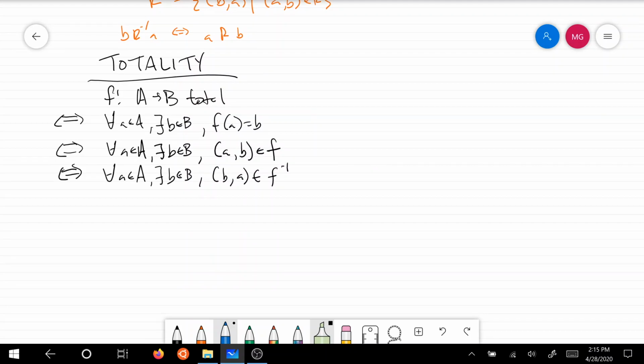Okay. So if you recall, this is the same thing as saying that F inverse is surjective, because recall that F inverse is a function from B to A. And we're saying that for everything in A, there exists something in B that maps to it.